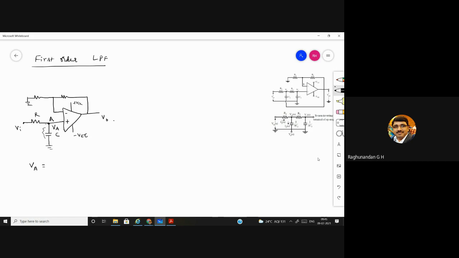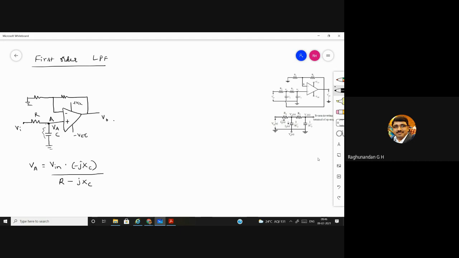Now let us apply the voltage divider rule. We first substitute the input supply voltage Vin, and we consider the reactance of the capacitor, because we are talking about voltage, so it will be minus j XC divided by the total impedance in this network, R minus j XC.